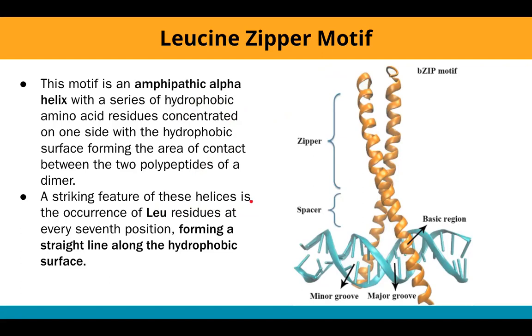A striking feature of these helices is the occurrence of leucine residues at every, remember this, 7th position. The leucine residue is present at every 7th position, forming a straight line along the hydrophobic surface. This is the usual structure of the leucine zipper.